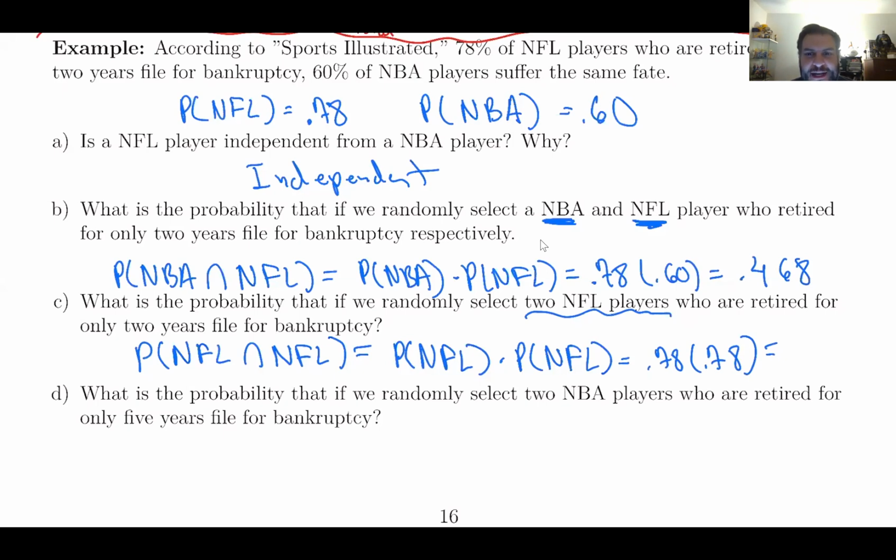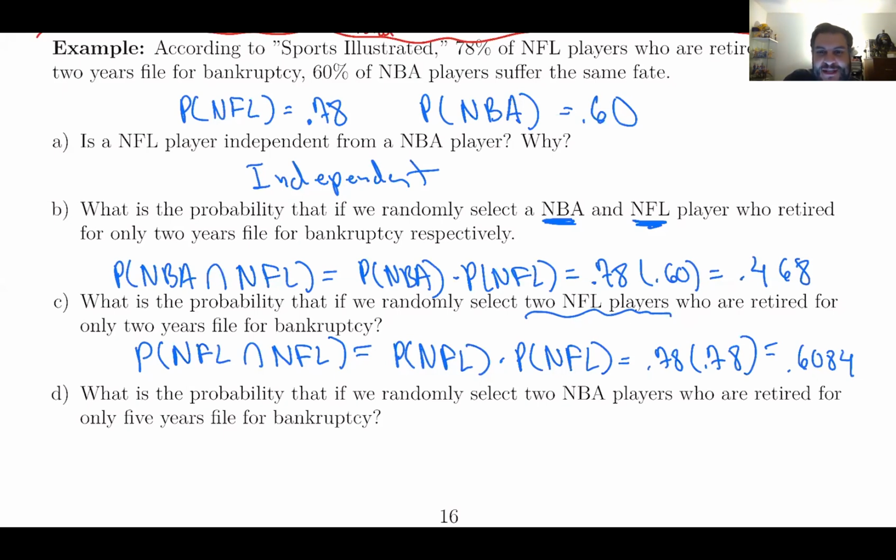So 0.78 times 0.78, and you get 0.6084. And that's 4 decimal places.